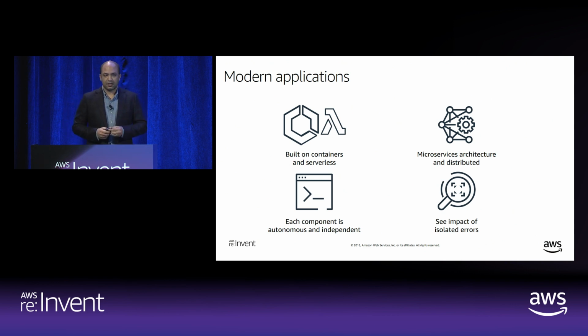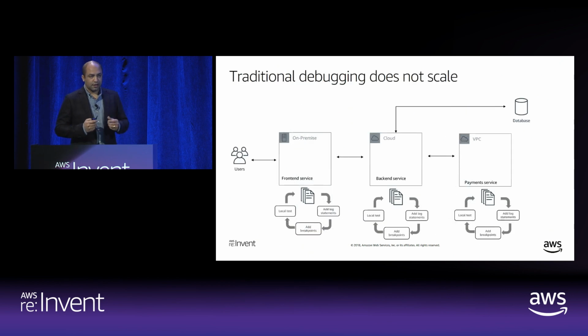One of the challenges that comes with modern applications is how do you understand the impact of issues and errors? That's where X-Ray comes in. Let's talk about traditional debugging and why it does not scale for modern applications. As you can see, I have an application architecture here that has a few different services. It has a database. In most applications today, you've got logs that are disparate and disconnected.